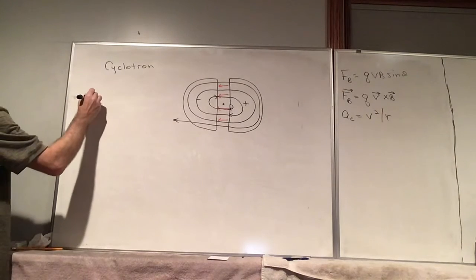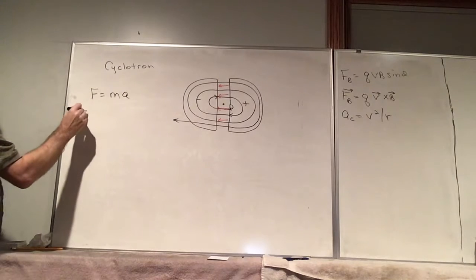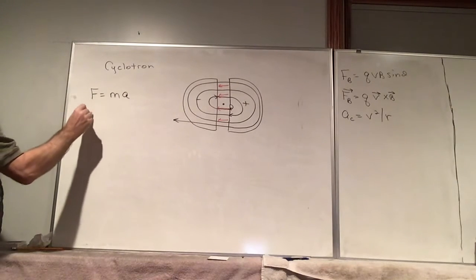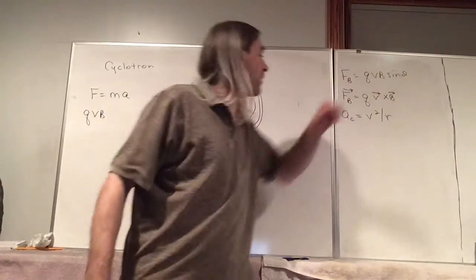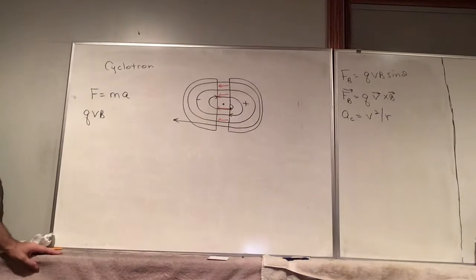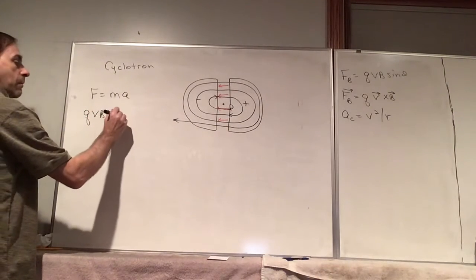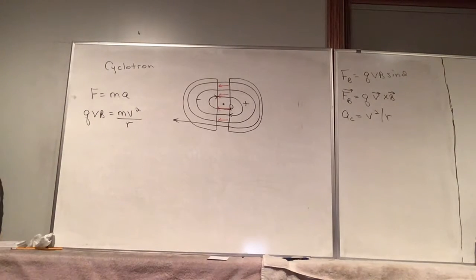Let's just apply Newton's second law, F equals ma. The force is going to be qvB sine theta, the magnetic force. But remember, the magnetic field is perpendicular to the board and the velocity is always in the board, so these two are perpendicular to each other. And because they're going through circular motion, the acceleration is v squared over r.